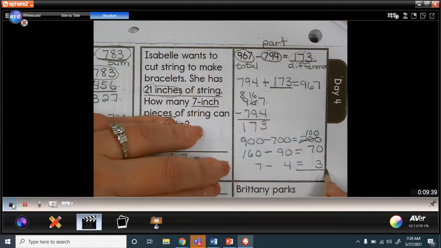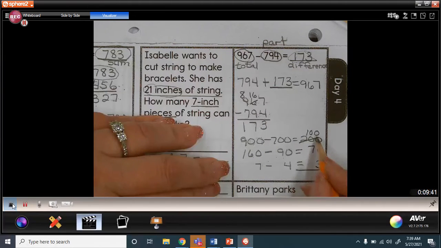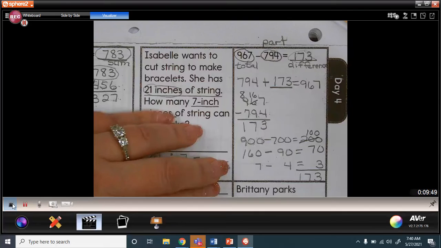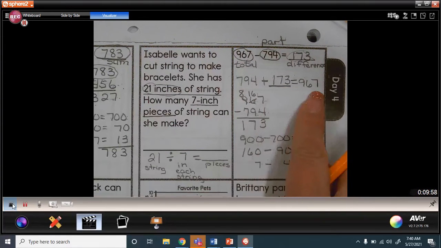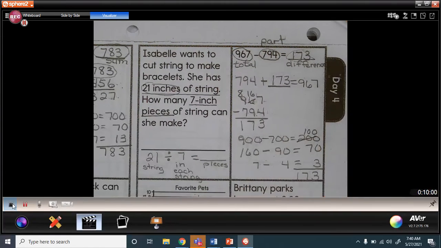And now I'm going to put my place values back together. 100 plus 70 plus 3 is going to be put back as 173. So now we've done our subtraction equation, our number sentence, and we get a difference of 173. And again, remember, you can always check using addition.